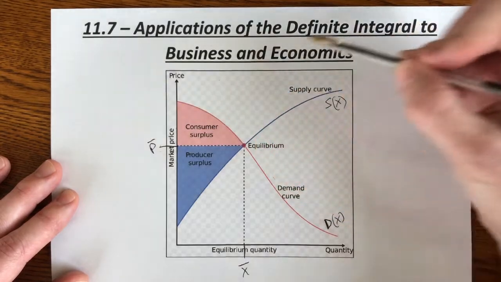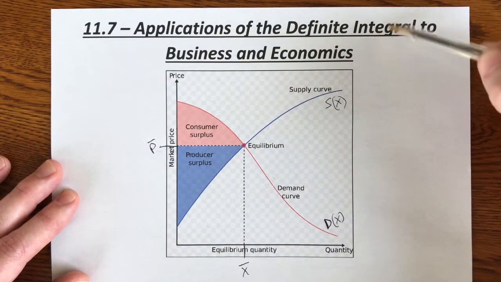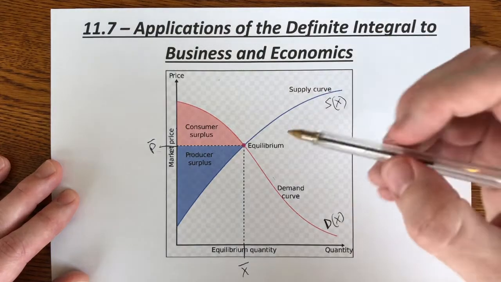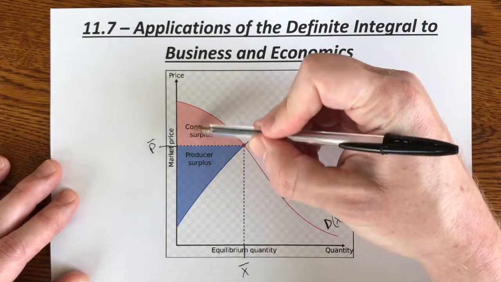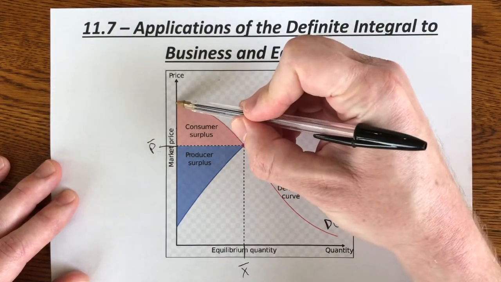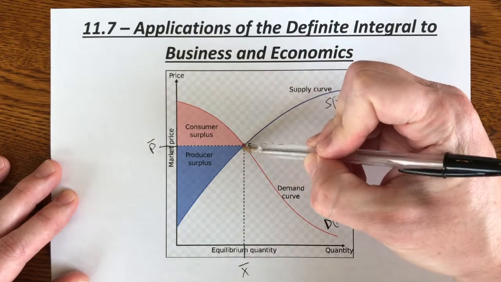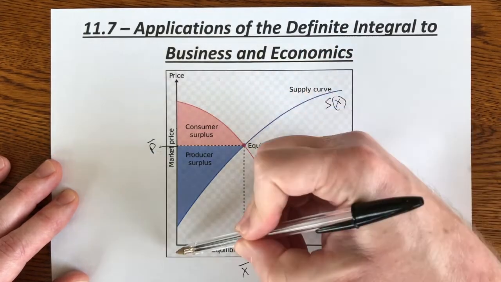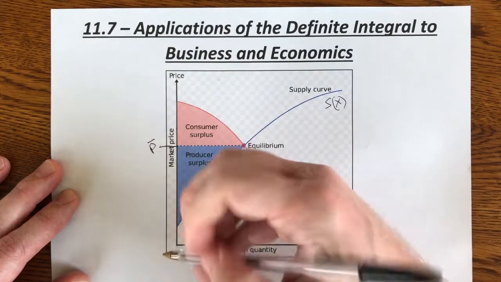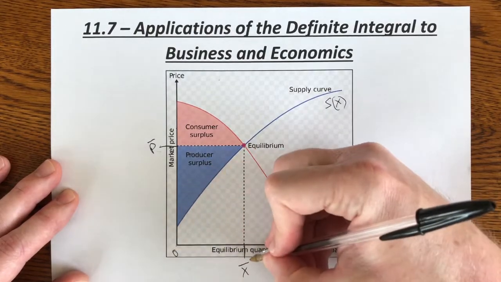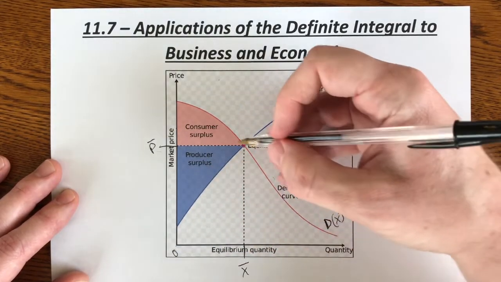So do you see how the integral would be helpful here? All we're going to do to determine consumer surplus is first figure out the area under the demand curve, from 0 to X bar, and then what are we going to do?